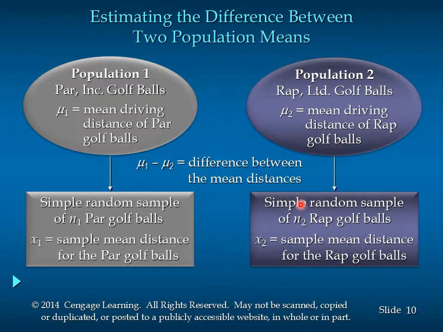And then you have this point estimate, x bar sub 1 minus x bar sub 2, as a point estimate for mu sub 1 minus mu sub 2, and you're saying that you're estimating that mu sub 1 minus mu sub 2 is going to be the same as x bar sub 1 minus x bar sub 2.